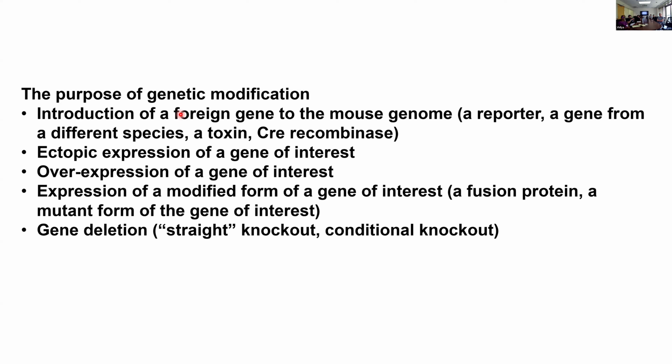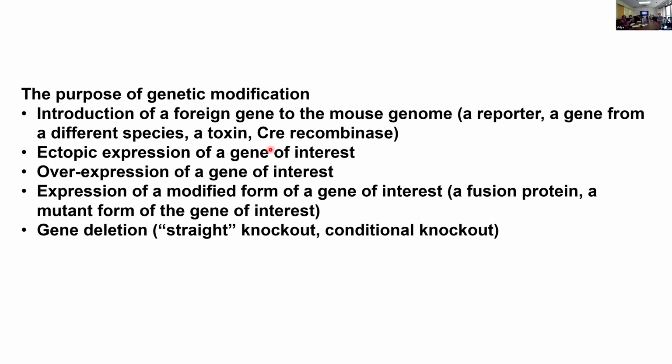And more often, we use it to express Cre recombinase. The importance of Cre recombinase is in generating conditional knockouts, which I will illustrate towards the end of today's presentation.